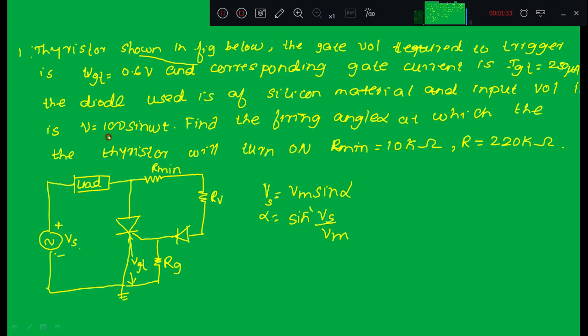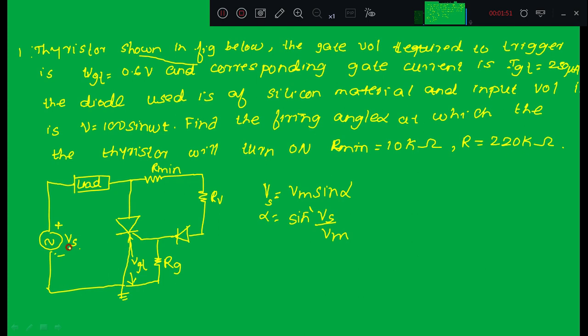And Vs we will find now. To do that, we'll find Vs first.